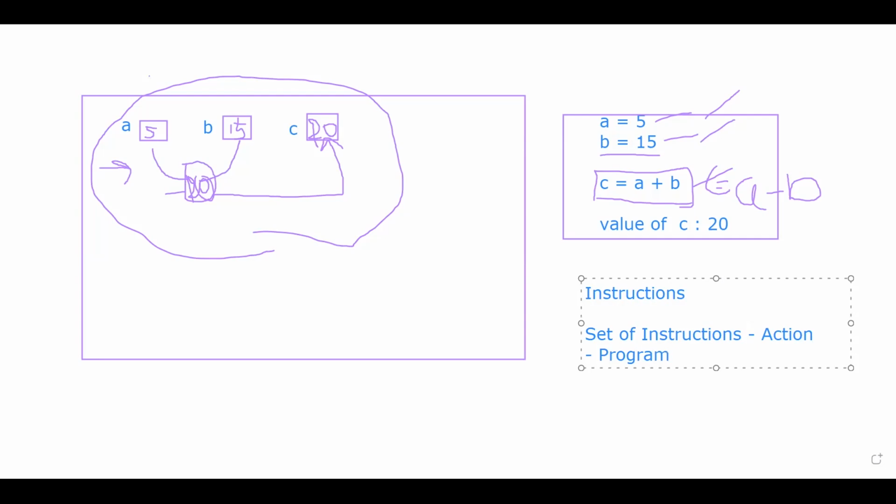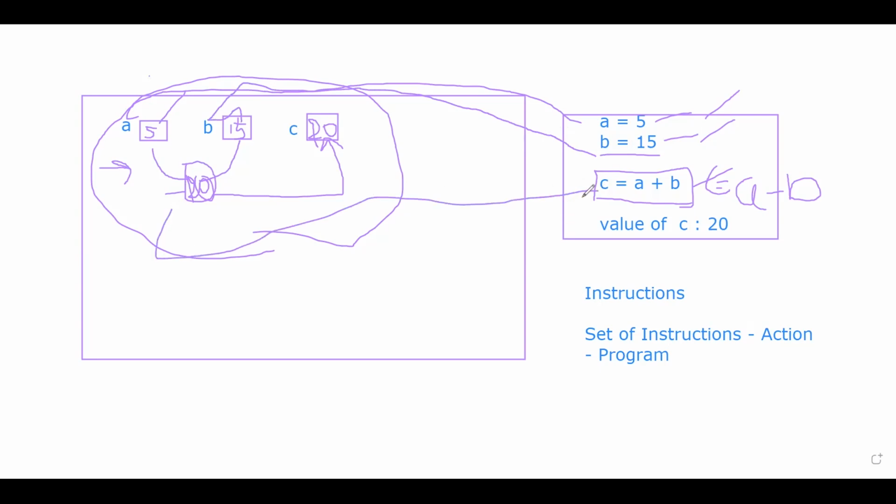A program is a set of instructions which tells the computer what to do and how to perform step by step. So first, the line A equals 5 means it will have A, then add the value 5 to it. Then B equals 15. Then it will have B, then add the value 15. Then do some operation, then add that to C.